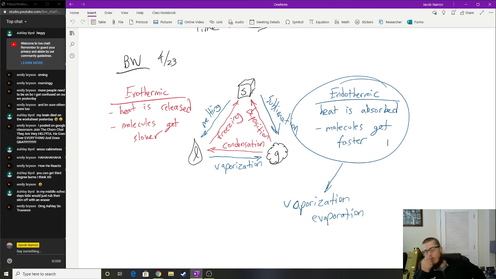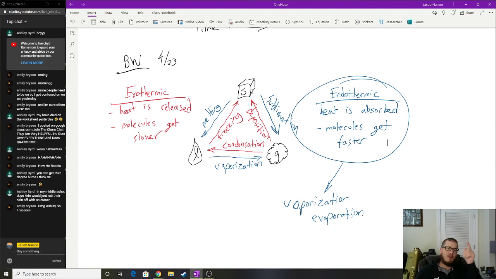The thing is, wouldn't you eventually dry off if you didn't even grab a towel? You just got out, went and laid down on a chair and just chilled. You would eventually dry off because you're evaporating. But evaporation is an endothermic phase change. And so it takes energy to get those liquid water droplets to go from being liquid into being a gas. And where is it going to get that energy?